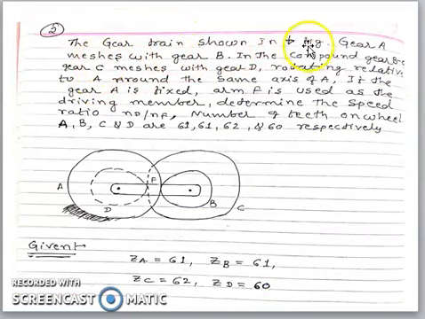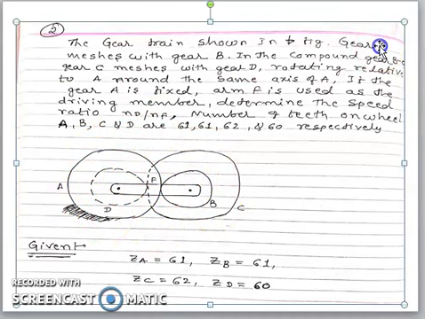The gear train is shown in the figure. Gear A meshes with gear B. B and C are the compound gear, these two together.